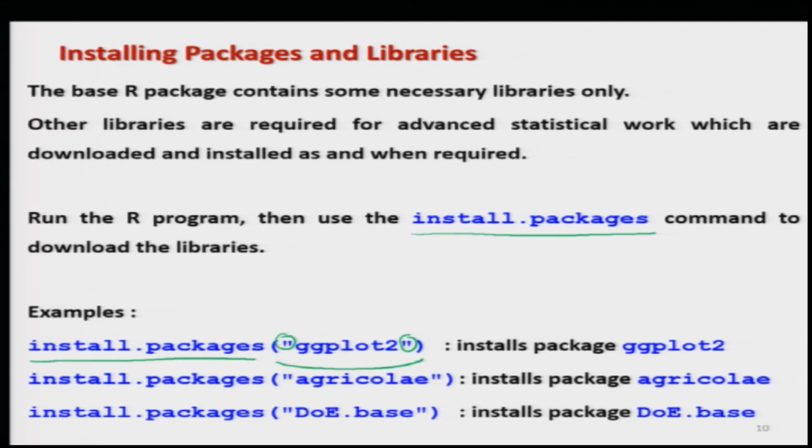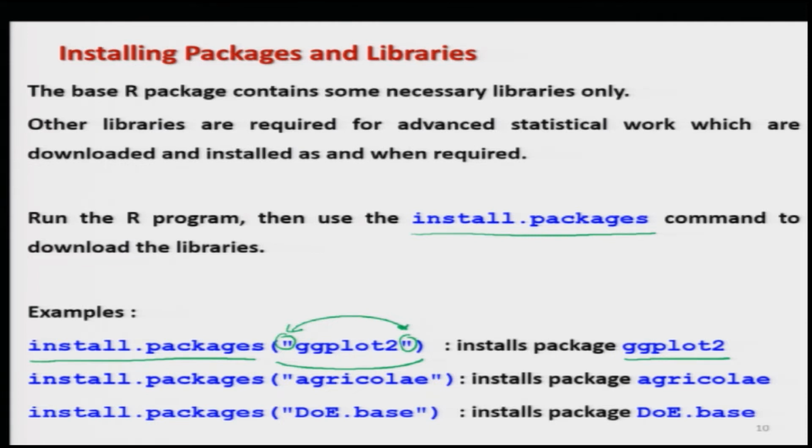Suppose I want to download a package whose name is ggplot2, the package used for creating different types of nice graphics in R. I simply give this name inside the double quotes, ggplot2, and you will see that the package will be installed.